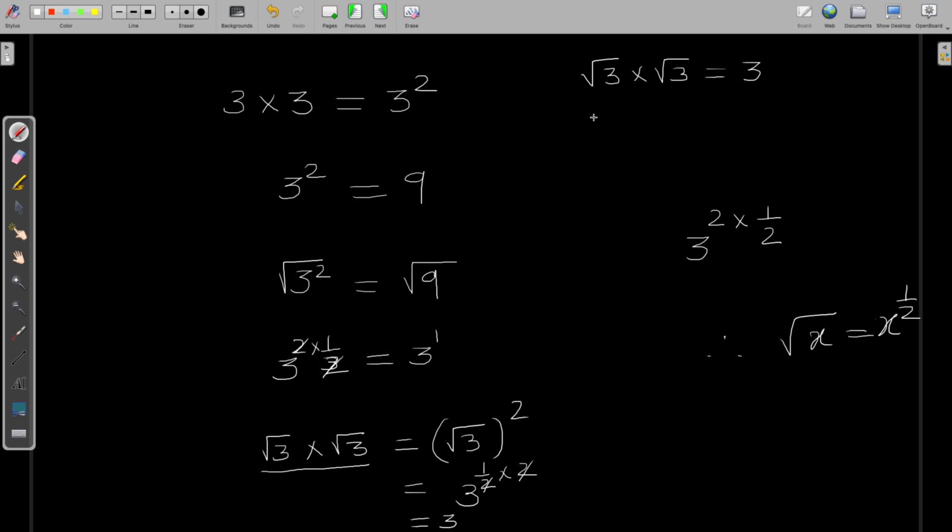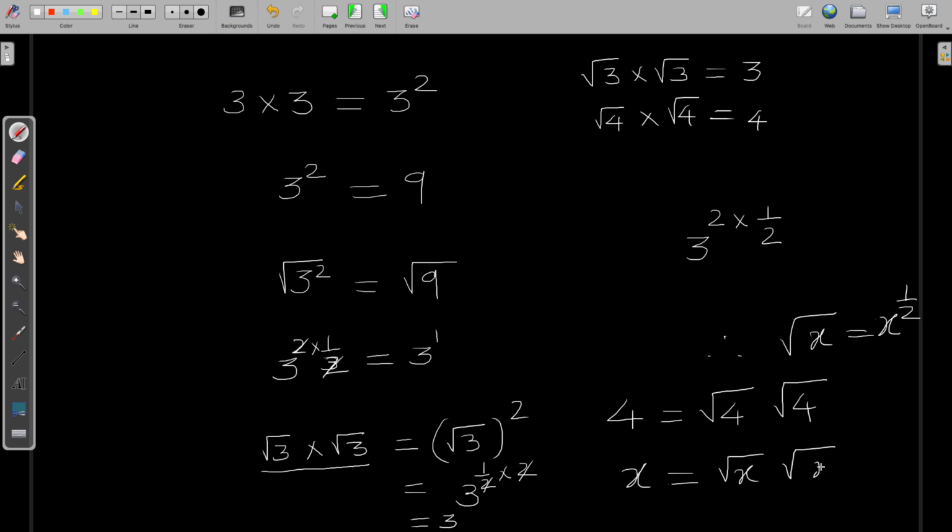Is that clear? Similarly, square root of 4 times square root of 4 is 4. We can conclude that every whole number is actually the product of two square roots of itself. So 4 means square root of 4 into square root of 4, and plain x means square root of x into square root of x. Remember this rule in your mind, because it will be a very useful tool in understanding the solution of our equation.